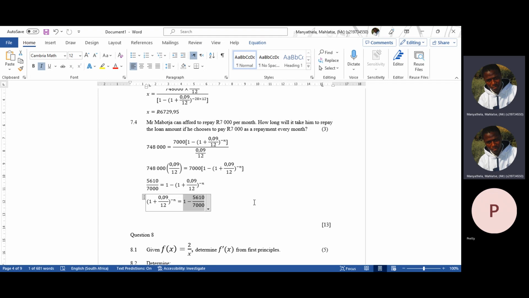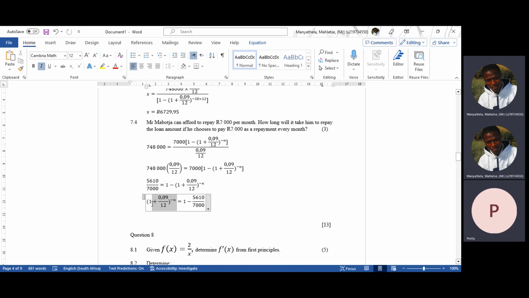And then on top, just say 7,000 subtract what is on top, and then you are done. So it will be 1,390. 1,390 you divide it by 7,000, because we're dividing by 1.